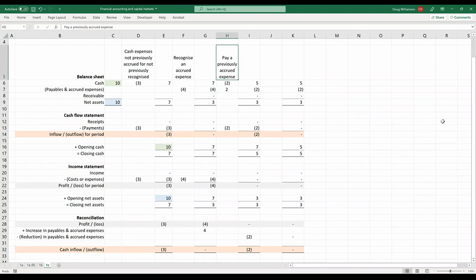So paying accrued expenses costs cash, but it's not in the income statement this period because it was in the income statement last period, that repair. We recognize that repair back here in period 2. We're paying for it in period 3.